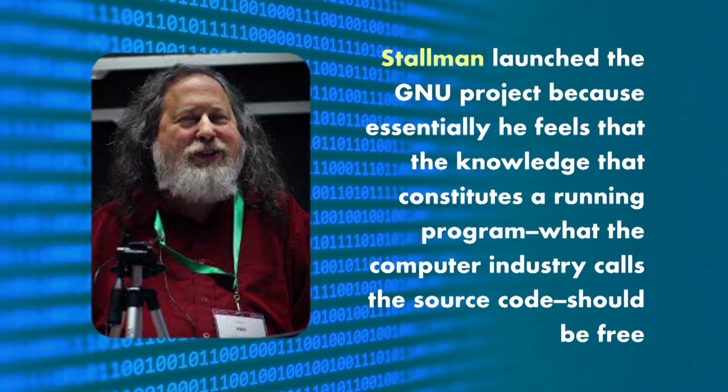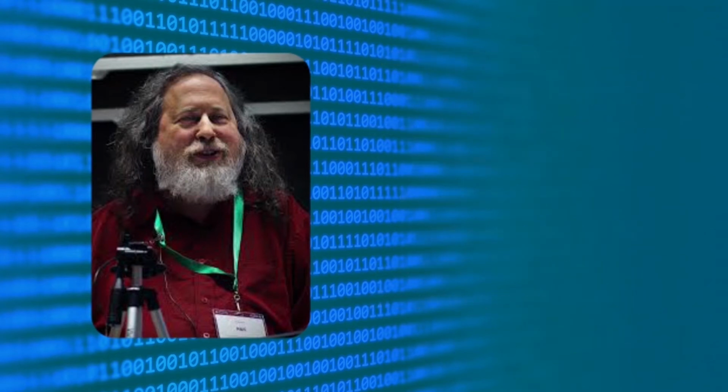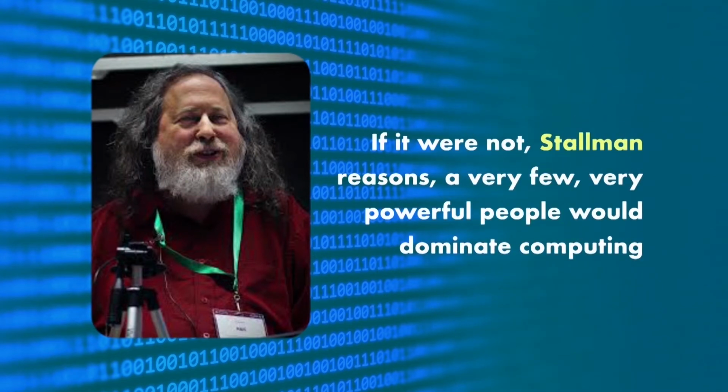Richard Stallman says that if this kind of software is not available free of cost to everybody, then there will be another division in society that we may call the digital divide. And if so, Stallman fears that a very few very powerful people would dominate computing. It will not be universal.